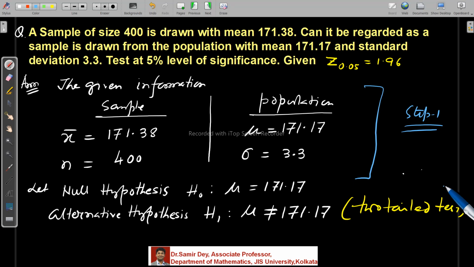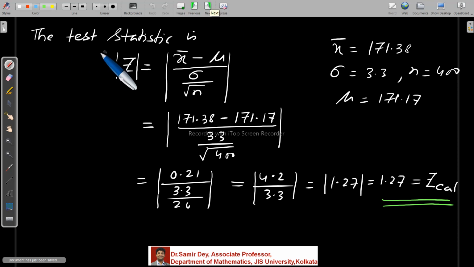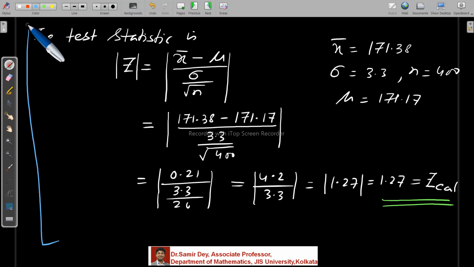The second step is your hypothesis part. This is your step 2. Is it clear? I think it is clear. Third one, the test statistic. This is your step 3.